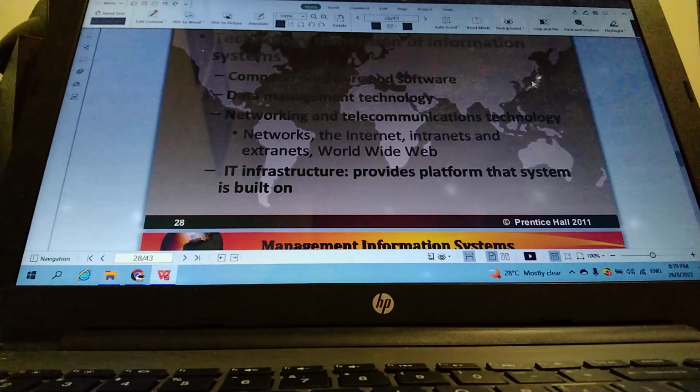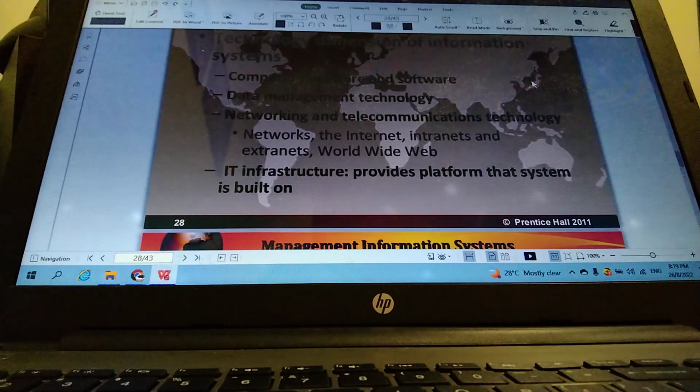For example, your phone is smart enough to take in your voice data or your audio data or your video data, process it accordingly, and deliver it to the destination or the receiver. And all this is possible with the software, hardware, dataware, supported by networking and telecommunication technology such as the internet, intranet, extranet, websites, and so on.